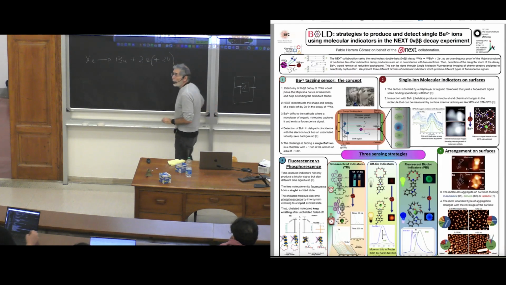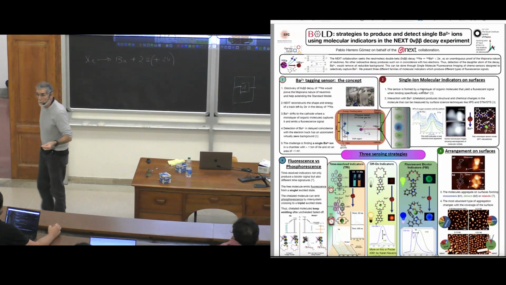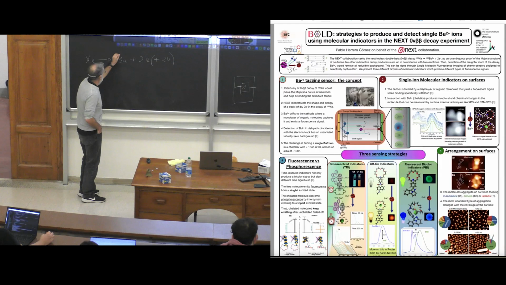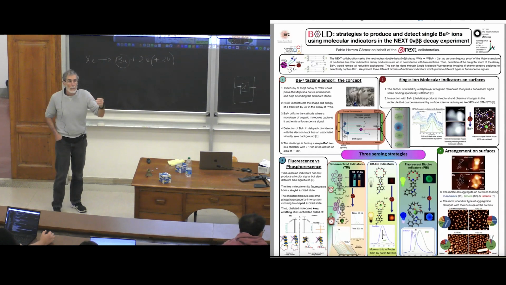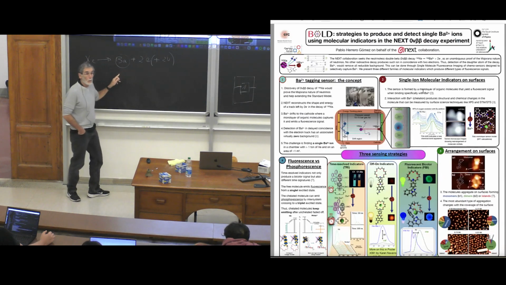if you have a neutrinoless double beta decay, whether with two electrons or without two electrons, you're going to have a barium atom. Actually, barium is such that it will immediately ionize because it's not a noble gas anymore, right?